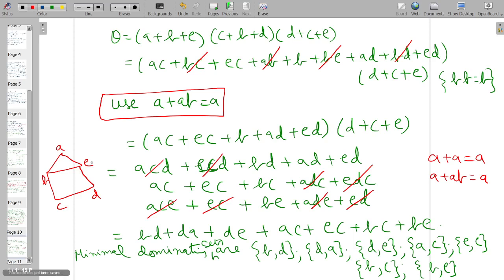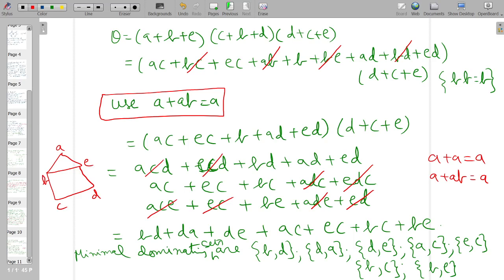DE, AC, EC, BC, and then BE, all are distinct, and when I remove any one, it will not be a dominating set. So this is the process of enumerating all the minimal dominating sets using the Boolean arithmetic.